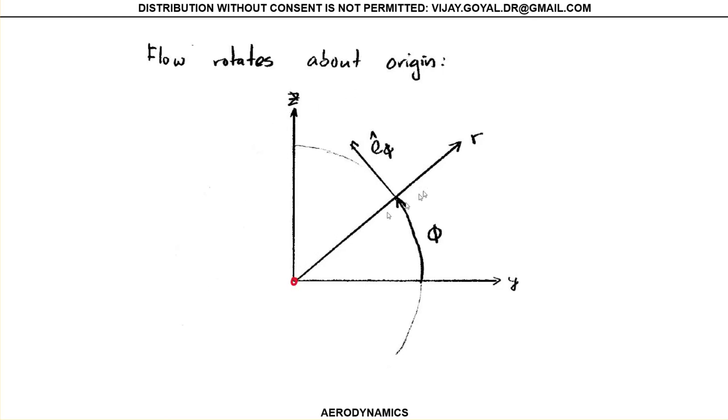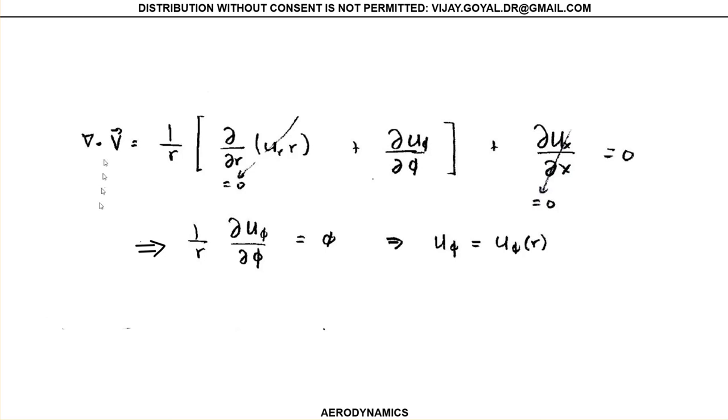As it's rotating, you're going to have a vector r, and this is the direction of er, from here to here, in the same direction as the flow of r. This is phi. So then if I go ahead and find your continuity equation, you can see that this has to be zero because the flow is rotational.